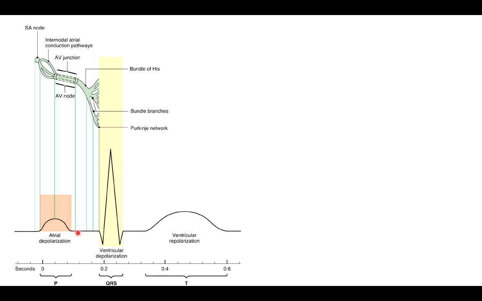You'll notice that in this case, we have neither up or down. We're going to call this the isoelectric line. In this case, there's no electrical activity that's occurring. The electrical impulse has paused here in the AV junction and bundle of His, this AV node bundle of His.